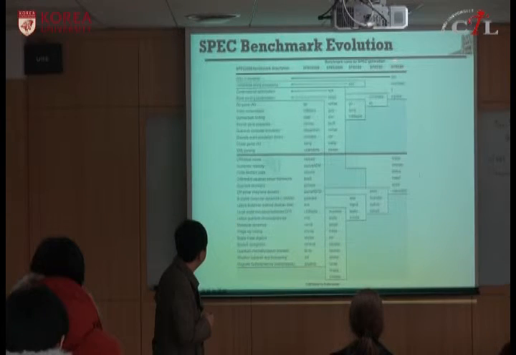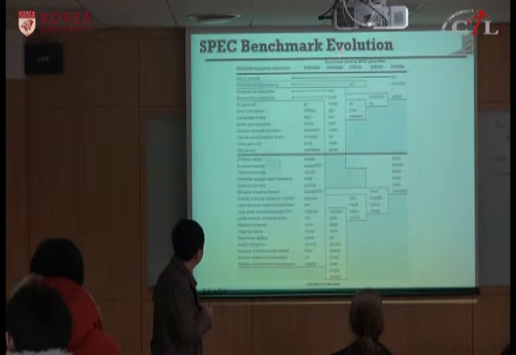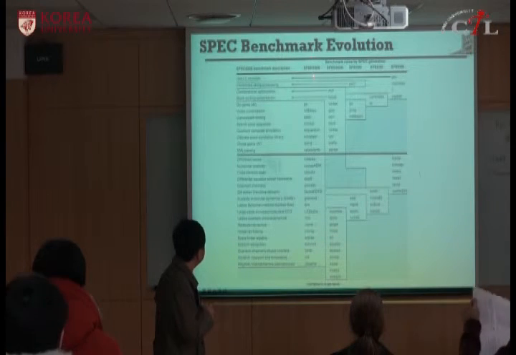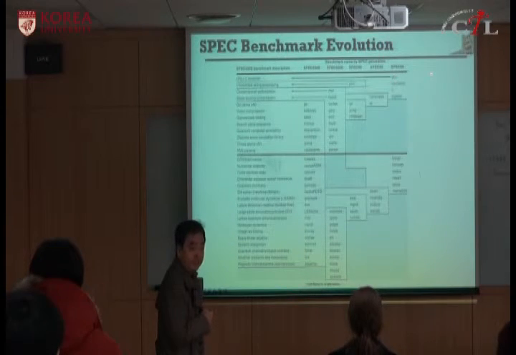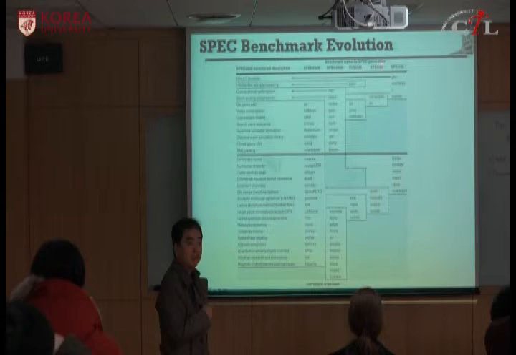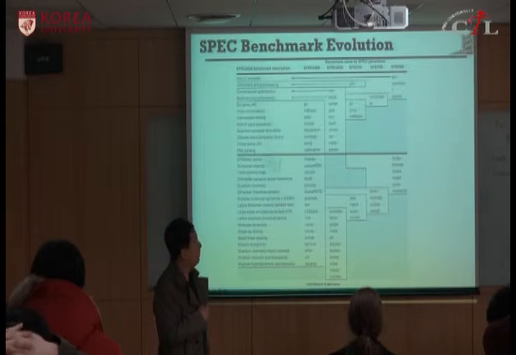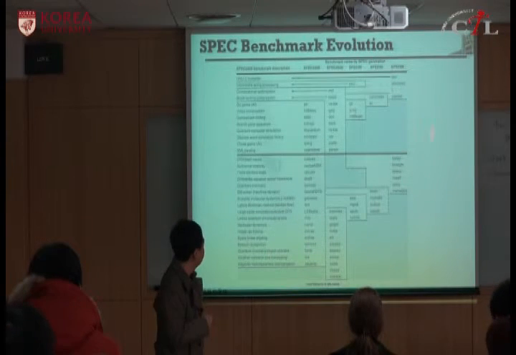These are the benchmarks. Okay. This is SPEC 89, 92, 95, 2000, and 2006. And the long-lasting one is this GCC, the GNU compiler. It was used in SPEC 89 all the time through 2006. All the others have gone.